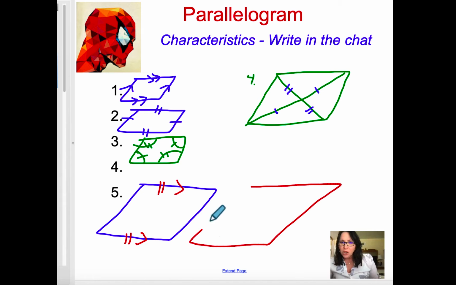So again, you could put that the other way and say that segment there is parallel to that segment, and additionally, that same segment is equal to that segment. If you have any of these 5 characteristics, then those quadrilaterals, being 4-sided shapes, are in fact parallelograms.